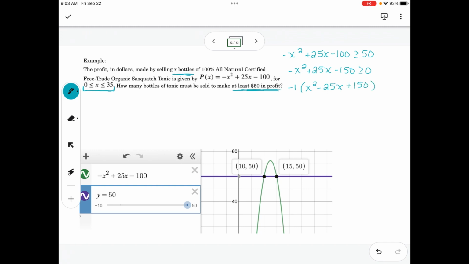So what multiplies to 150 but yet adds to -25? Let's see here. -15 times -10, and -15 plus -10 gives me -25. So I'll have -1, x minus 15, x minus 10, excuse me.